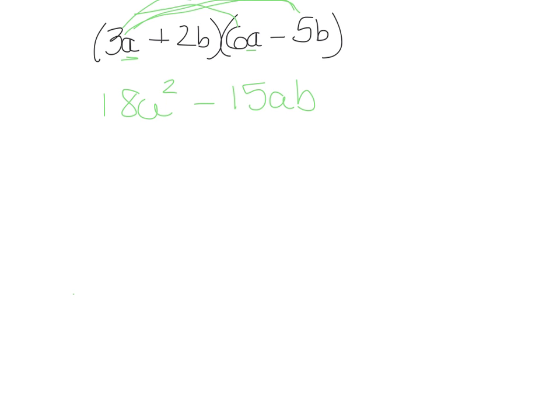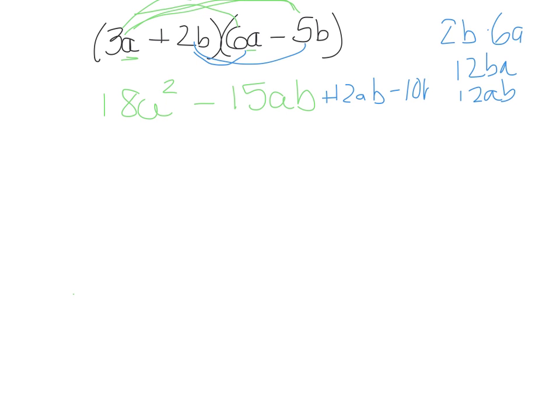Then the middle two terms, it's 2b times 6a. So that's 12ba, but that's the same as 12ab. So I'm going to write it as plus 12ab. And then the last two terms, 2b times negative 5b, is negative 10b squared.